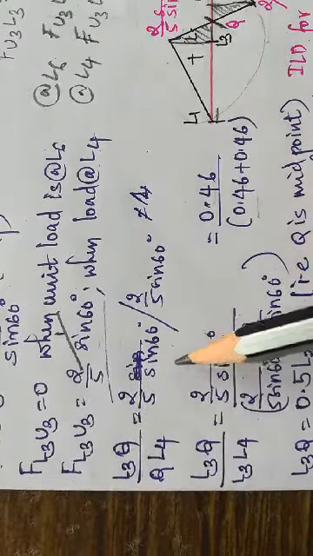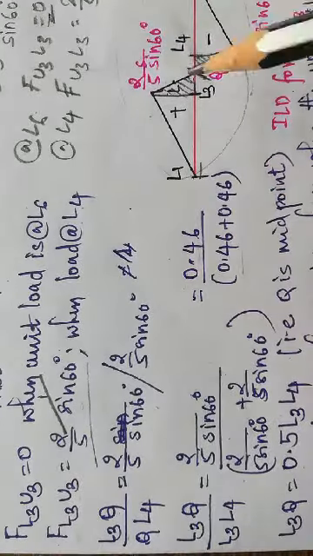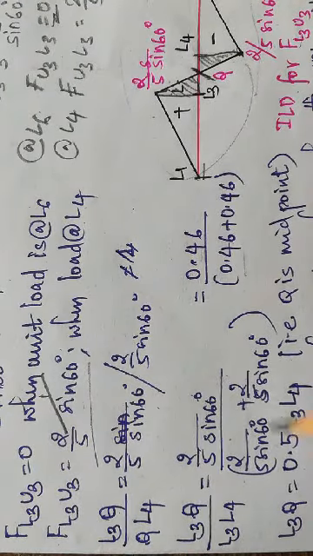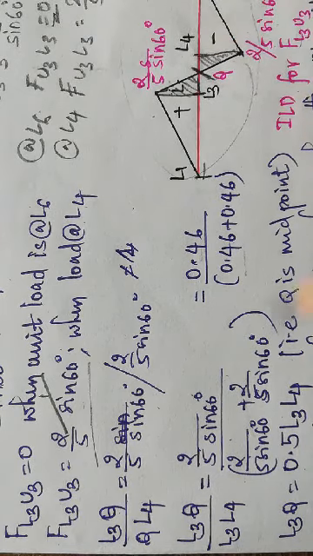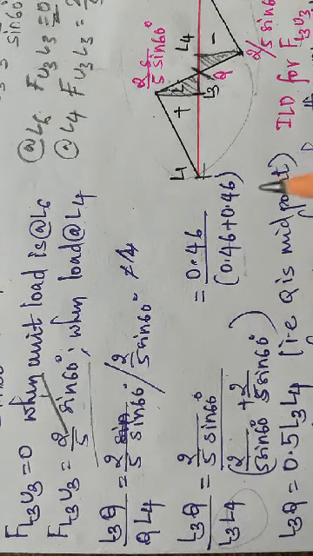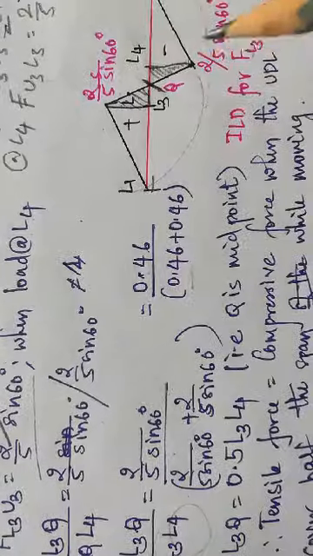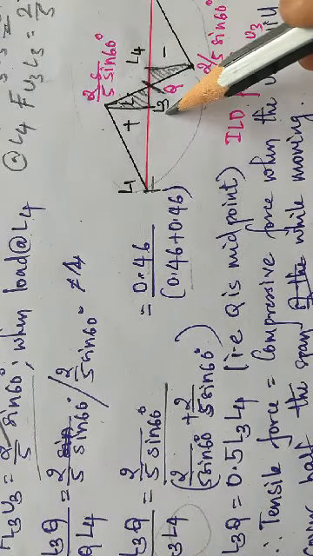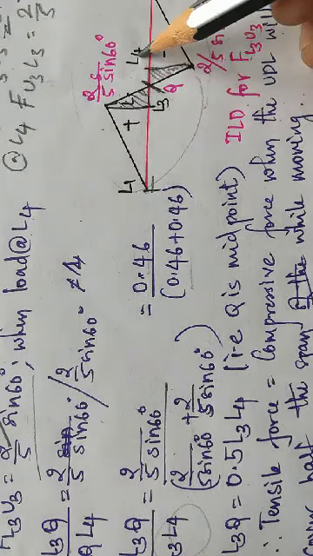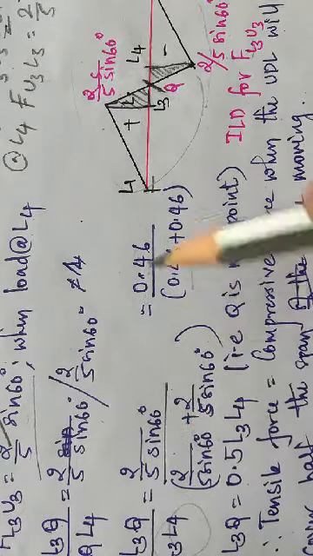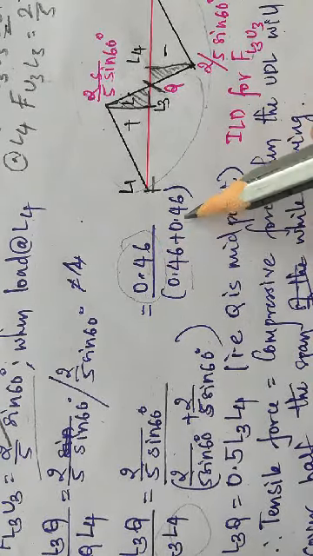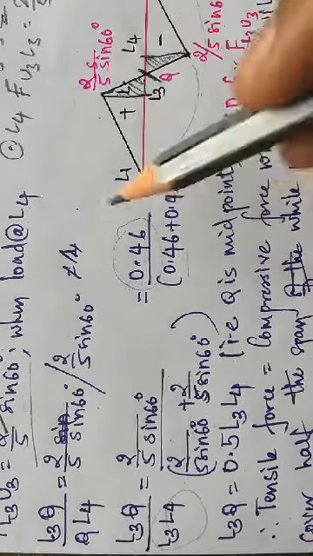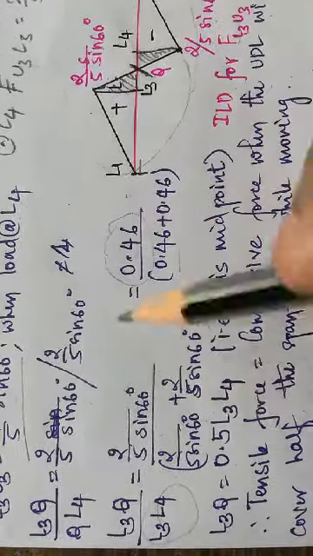L3 L4 is obtained by adding L3 Q plus Q L4. After simplification, I got 0.46 divided by 0.46 plus 0.46. This is nothing but half.